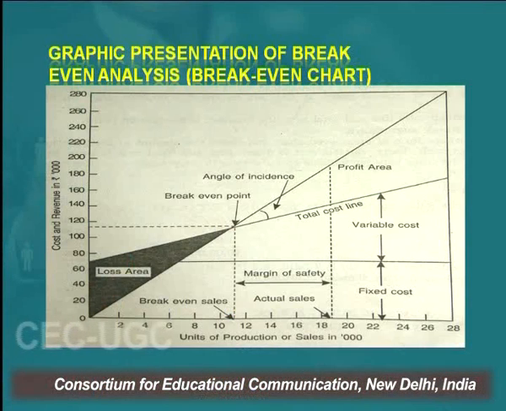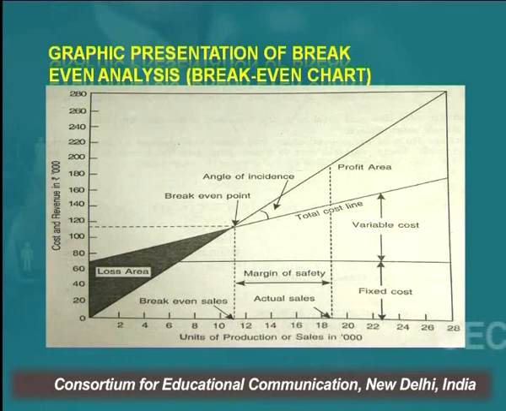And you can note one more thing, the angle of incidence. This is the angle after the break-even point. The angle which is made of the cost line and the revenue line is called the angle of incidence. So you will ask, what is the relevance of this angle of incidence? I will say, the broader the angle of incidence, the better it is.